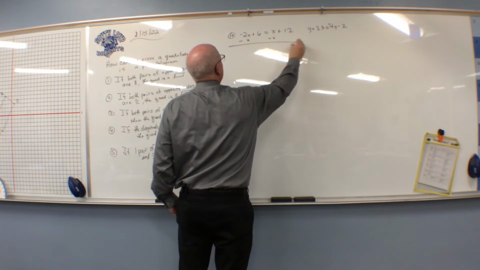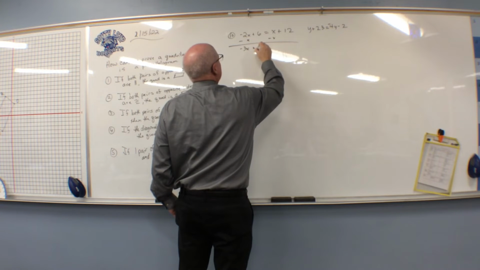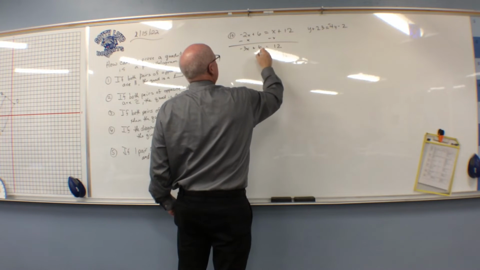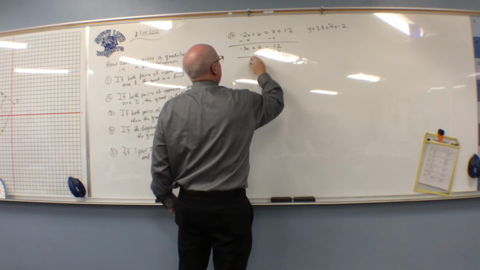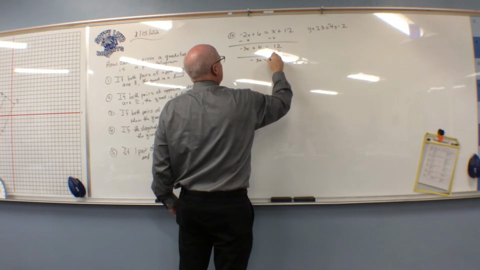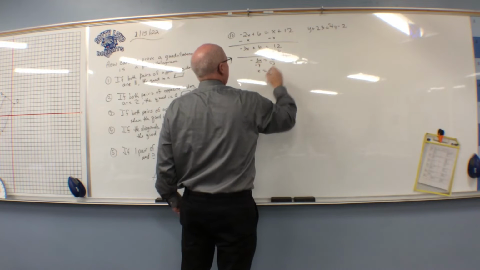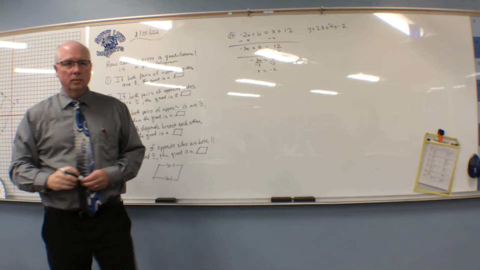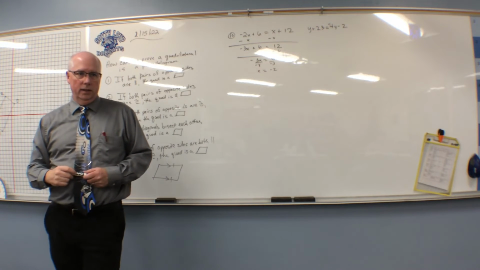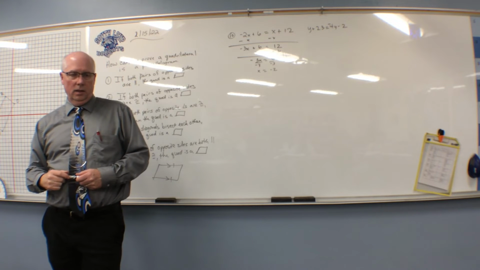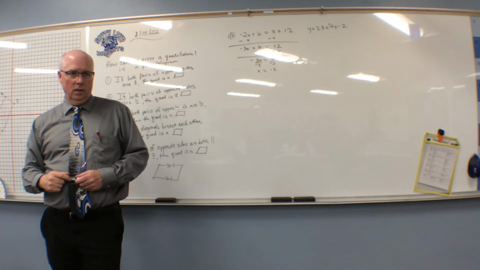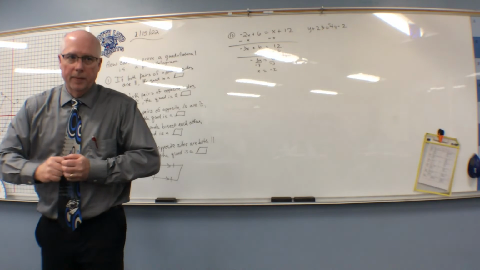Oh yeah, it's negative 3x plus 6 equals 12. And then subtract 6 from both sides. I got negative 3x equals 6. So it's negative 2. All right. Oh, I didn't see my negative. I know how to do it though.